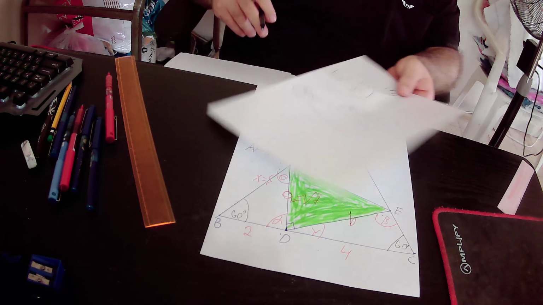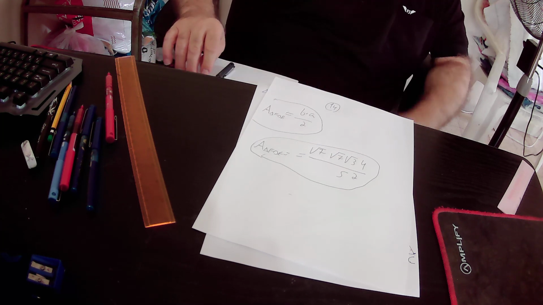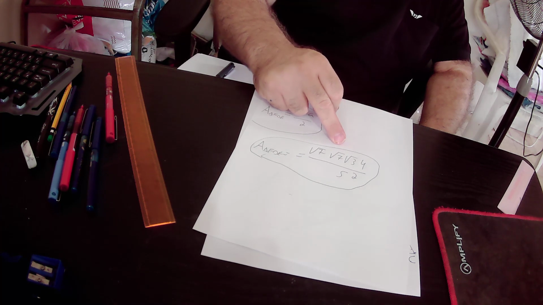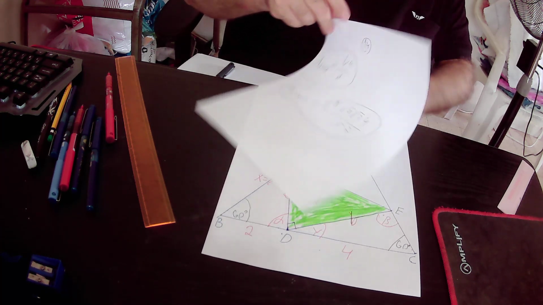So we got this expression for the area of the green triangle. Here root 7 times root 7 is 7, and 4 over 2 is 2, so I will write it down.